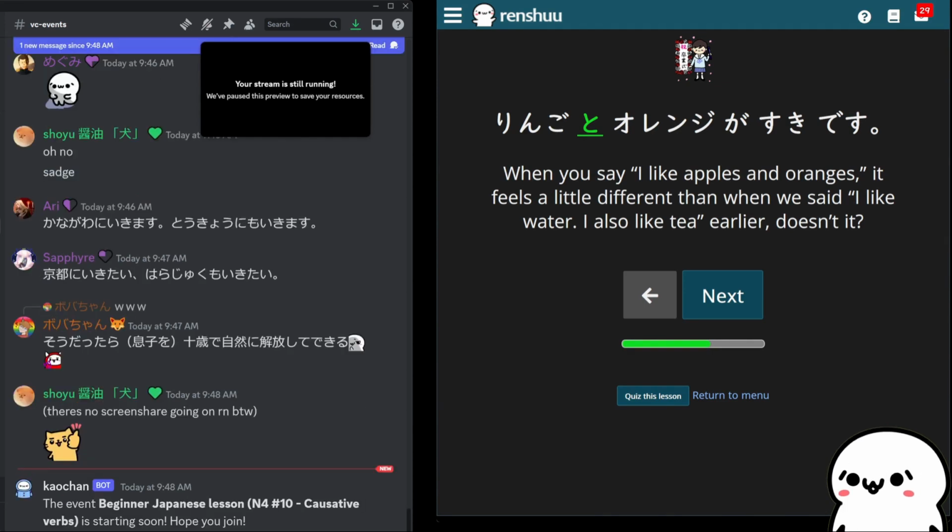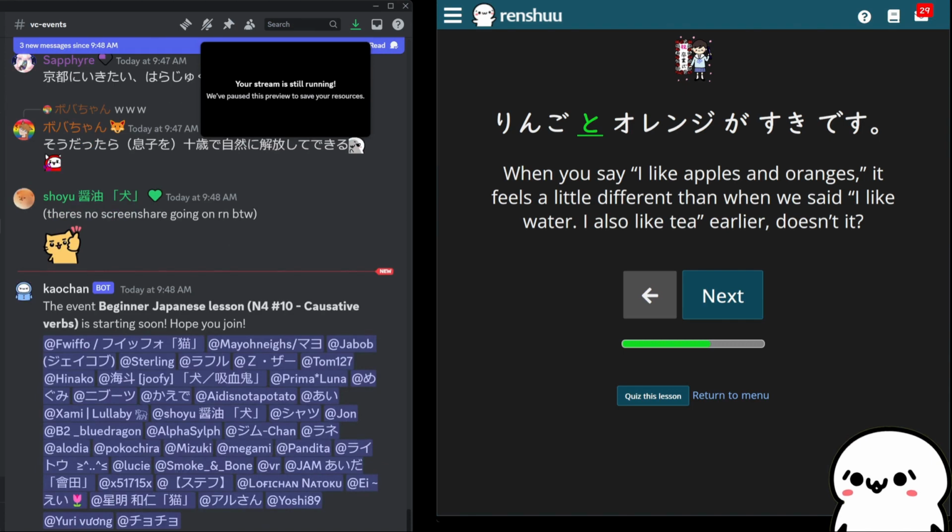If you say I like apples and oranges, this is all you have to do. If you said I like apples, you would just say ringo ga suki desu. All you have to do is throw that to in there, in between the two things, and that's it. There's no change to anything else in the sentences. The other particles don't change. The verb doesn't change.